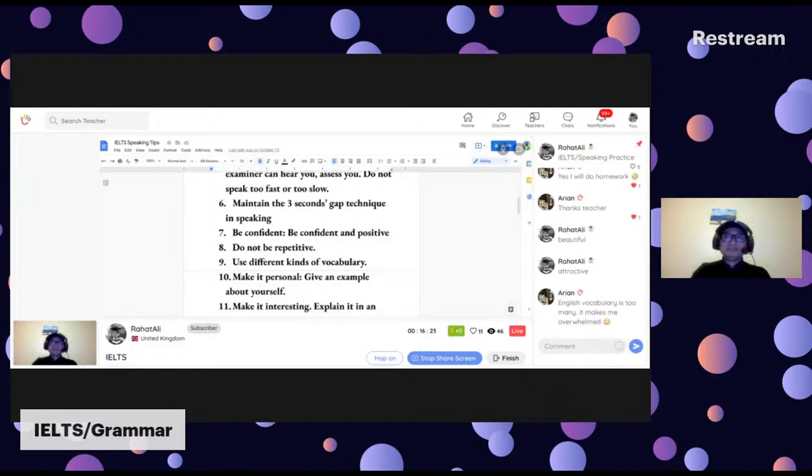You can say sometimes. Each vocabulary has too many synonyms. This makes me overwhelmed. Yeah, use the most common that you use in your daily conversation. And then you can say, what is the other synonym of beautiful? Good looking. Yeah, good looking. Do you know any other synonyms of beautiful, Aryan?